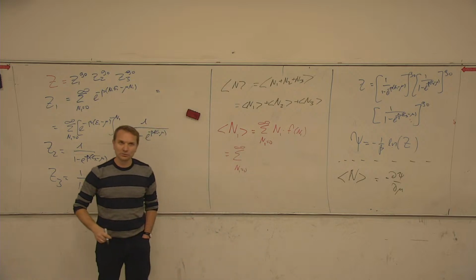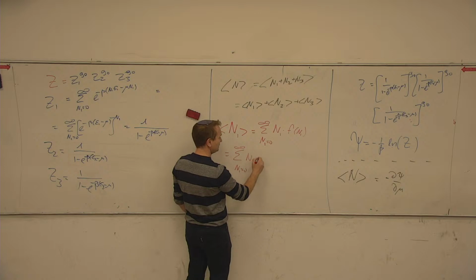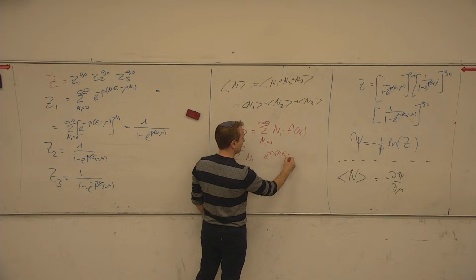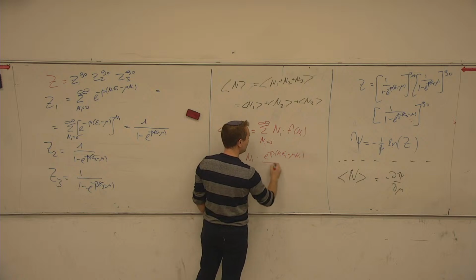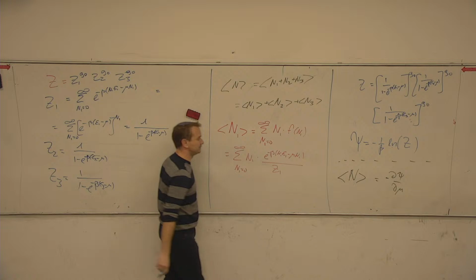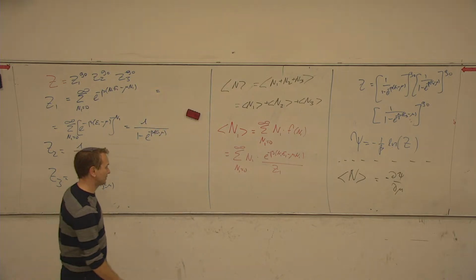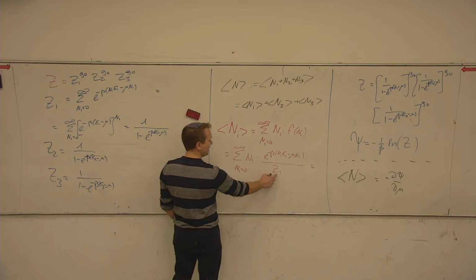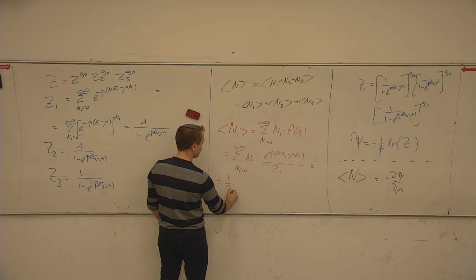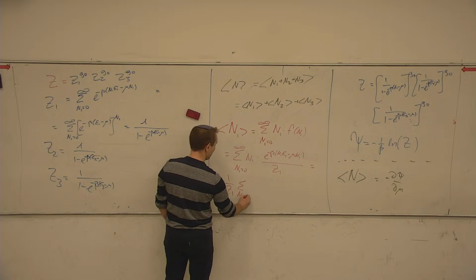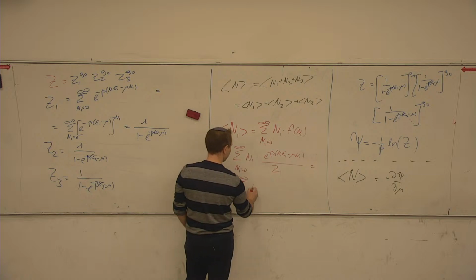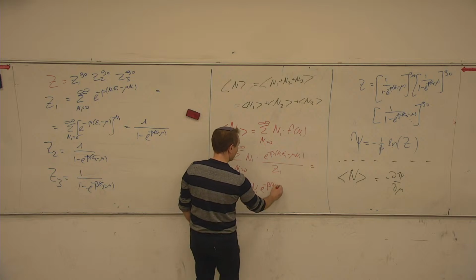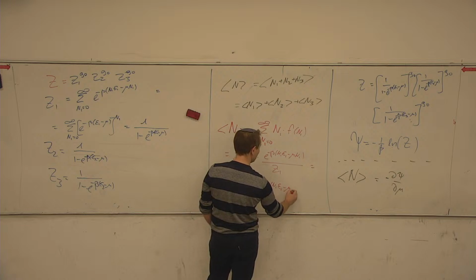Since we're using the grand canonical potential, it is e to the power minus beta n1 epsilon 1 minus mu n1, divided by Z1. We can take Z1 out, and we have 1 over Z1 times the sum as n1 goes from 0 to infinity of n1 e to the power minus beta n1 epsilon 1 minus mu n1.